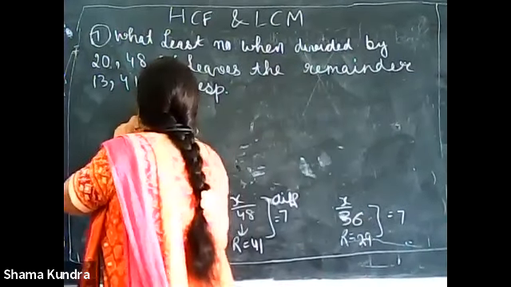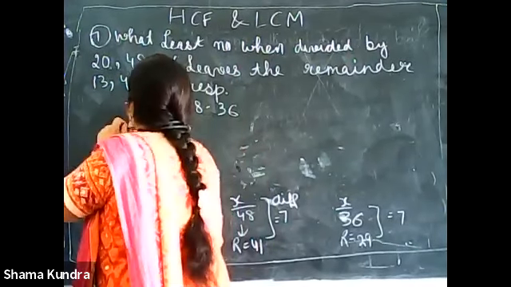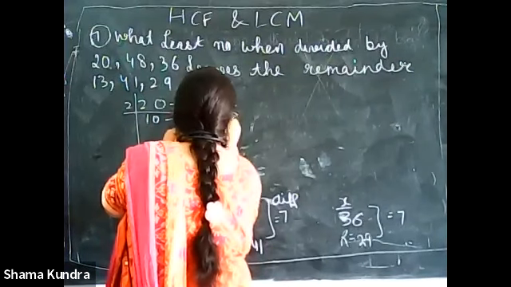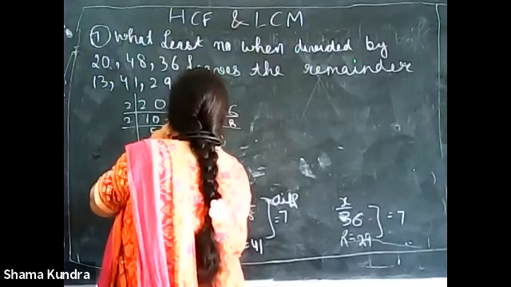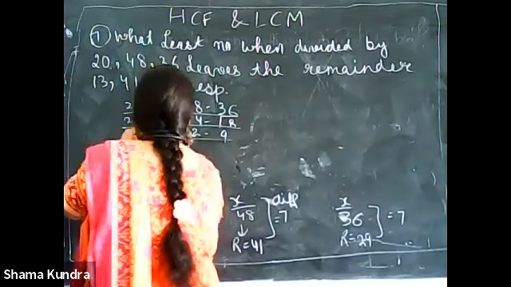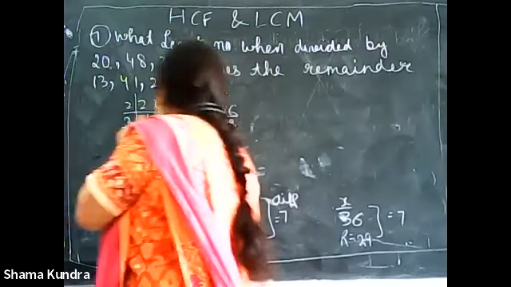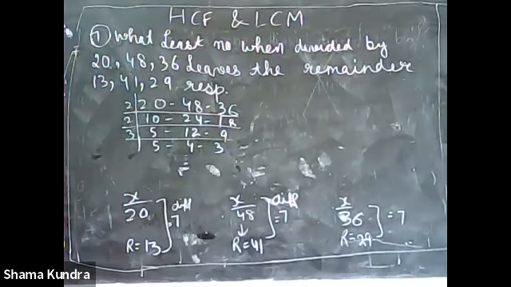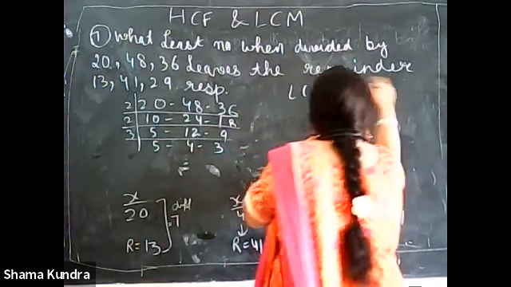Now the first step is to find the LCM of 20, 48 and 36. First divide with 2: 10, 24, then 2 fives are 12, 9. Then with 3: 5 as it is, 4, 3. On multiplying 2 into 2 into 3 into 5 into 4 into 3, you will get the LCM as 720.